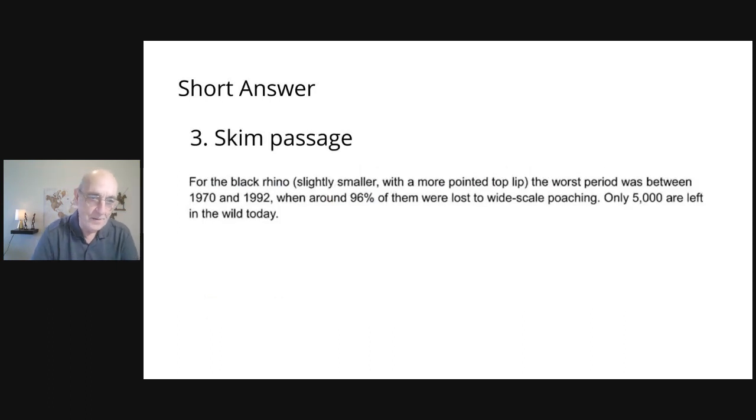Okay, we're looking at another portion of the passage which we've skimmed. We've identified another type of rhino, black rhino. We see a superlative adjective. Superlative adjectives are so important. We're not looking for any period of time. We're not looking for the best period of time. We're looking for the worst period. And again, we have dates, 1970 to 92.